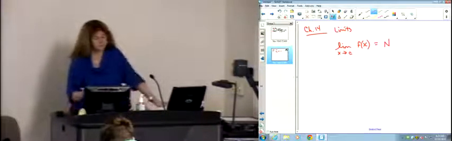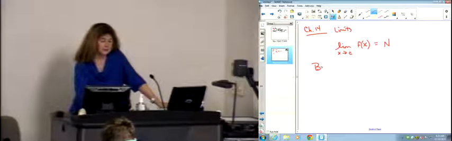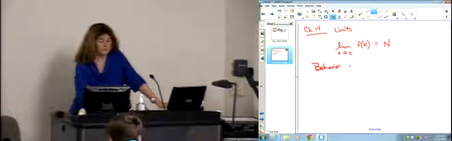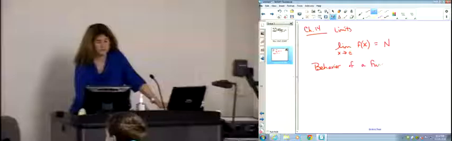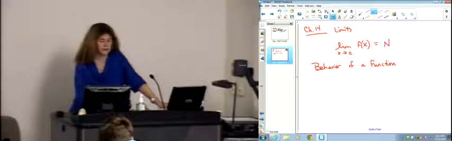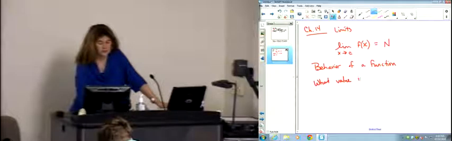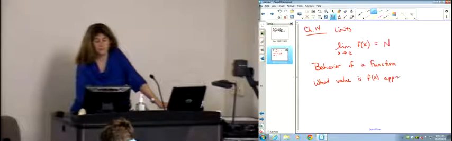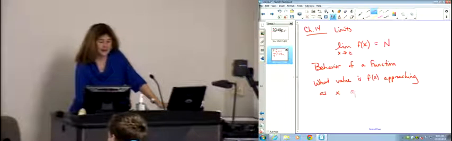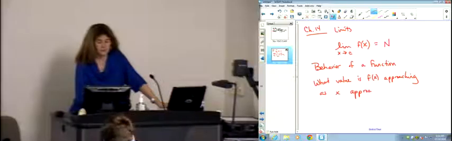Okay. We said the limit is talking about the behavior of the function. In other words, what's happening with the function as x approaches c? So what value is the function f of x approaching as x approaches that value c?